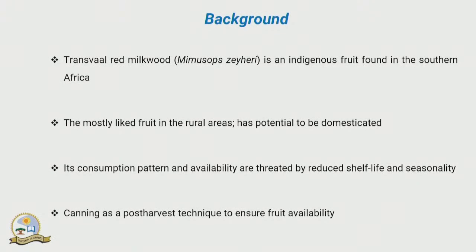Because of this, the availability and consumption pattern of this indigenous crop is sometimes not good because of, one, shelf life. After harvest, the crop undergoes respiration, which reduces the shelf life. But because the fruit is found in the wild, seasonality is also a factor.